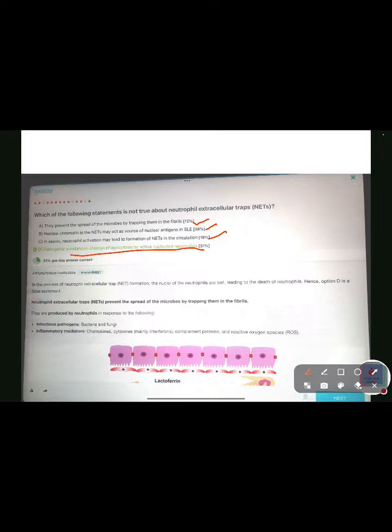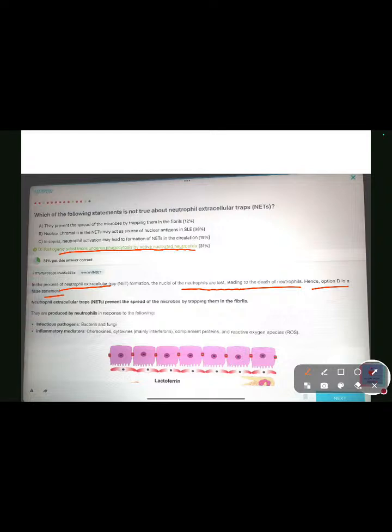Pathogenic substances undergo phagocytosis by activated nucleated neutrophils. In the process of neutrophil extracellular trap formation, the nuclei of neutrophils are lost, leading to death of the neutrophils. Hence, option D is a false statement.